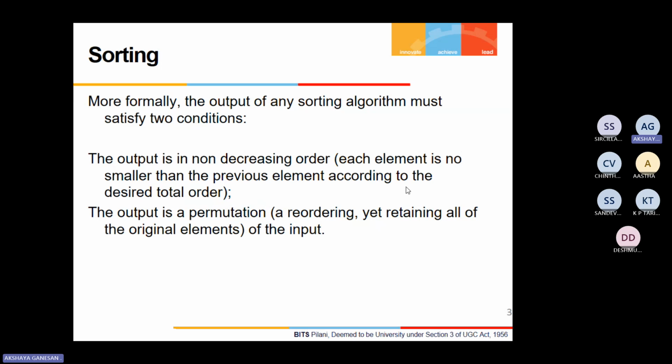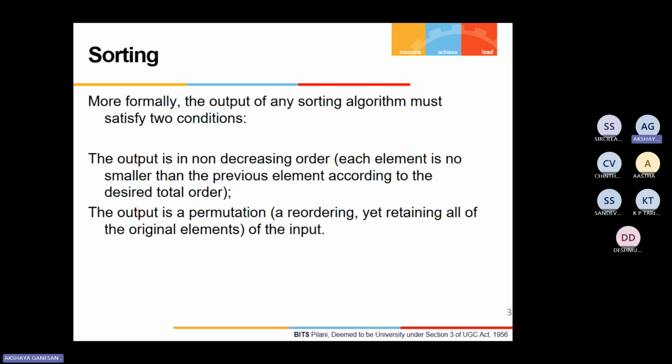There is no new input coming in, unlike a search, where you bring in a new input. You take a key value from the user and you search for it. Whereas in sorting, there is no new input. You're just getting a command to sort from the user and you are sorting it.